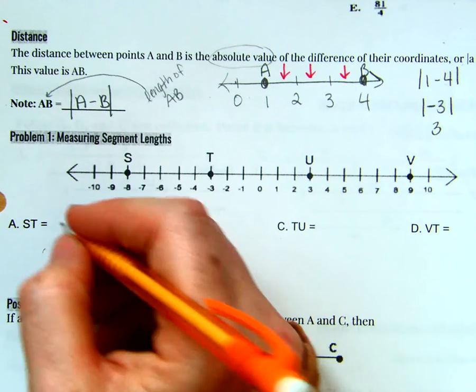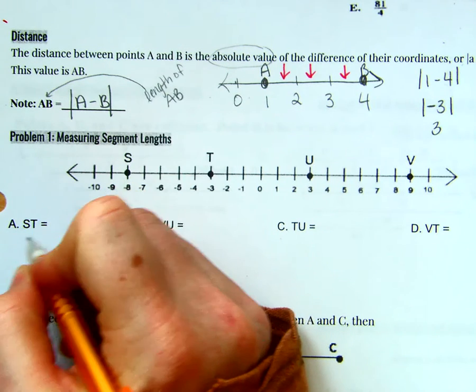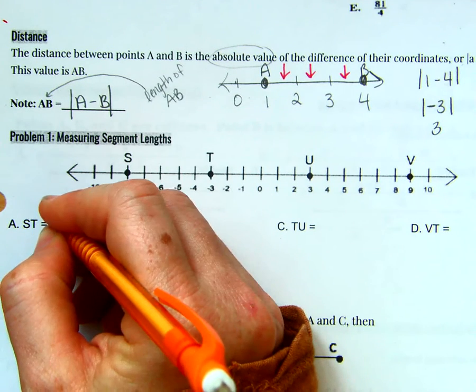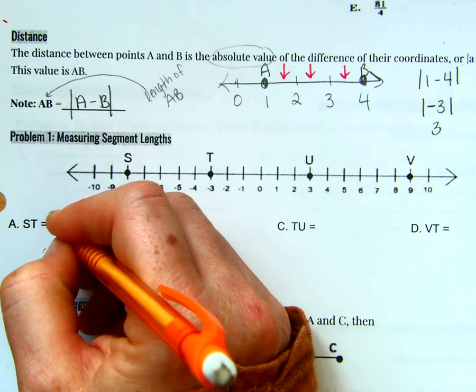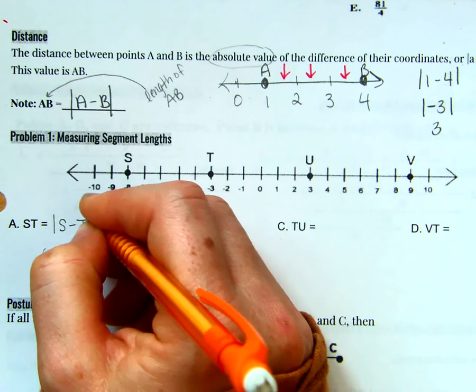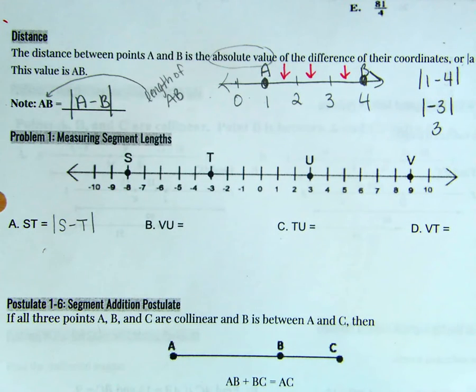It says that if I want to find the length of ST, then I can take the absolute value of the coordinate of S minus T, and that will give me my answer.